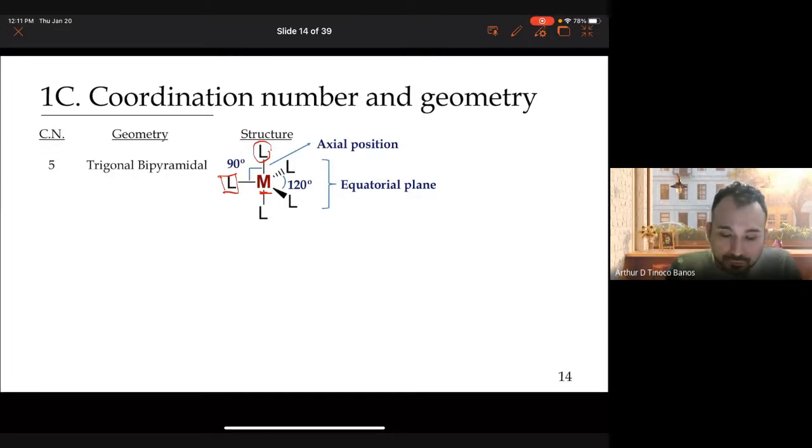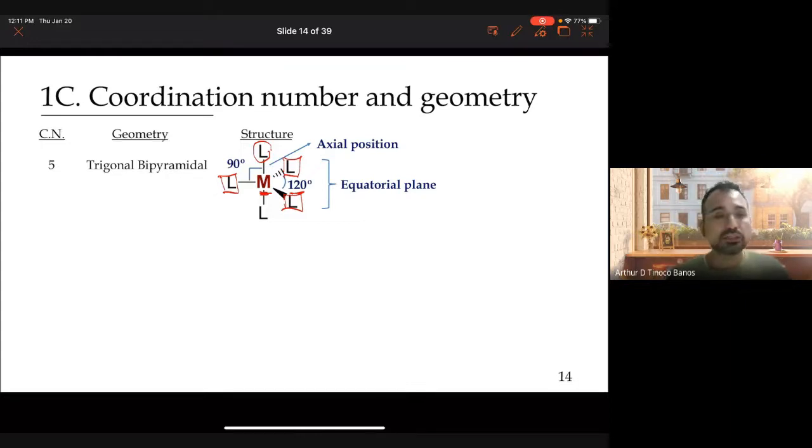But if we're focusing on a ligand that's in the equatorial plane, bonded to the metal, and then interacting with another ligand in the equatorial plane, well, that bond angle is 120 degrees, right? So we have these two distinguishing bond angles representing a trigonal bipyramidal structure.